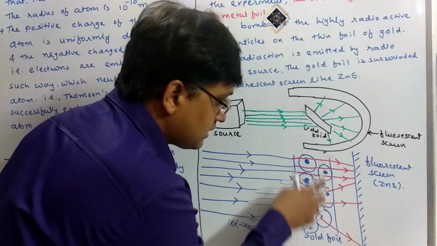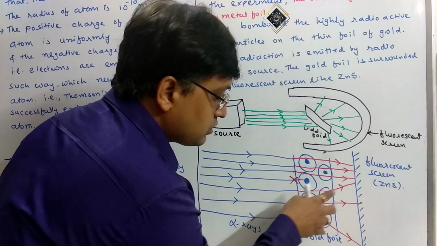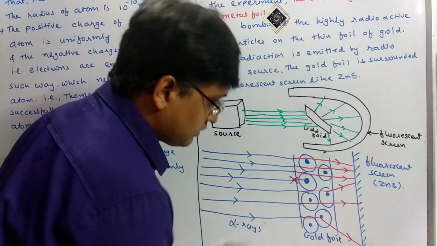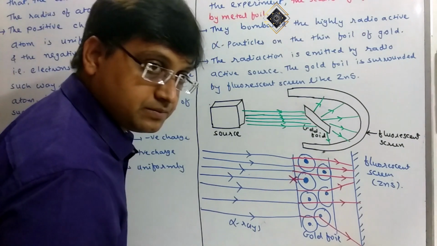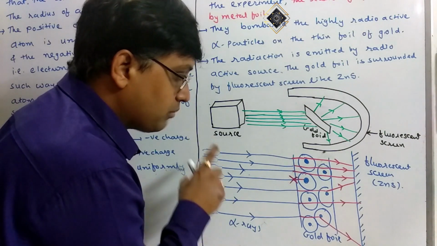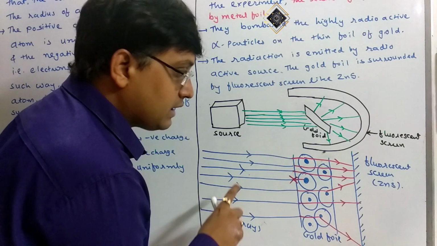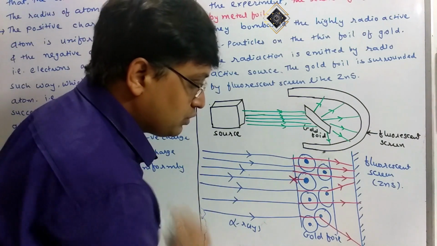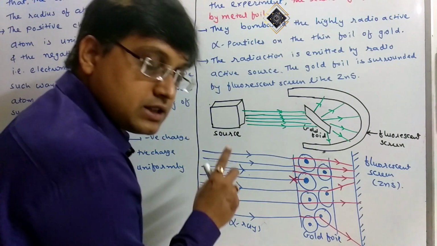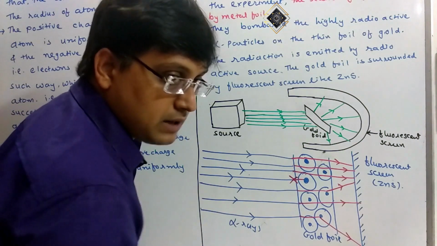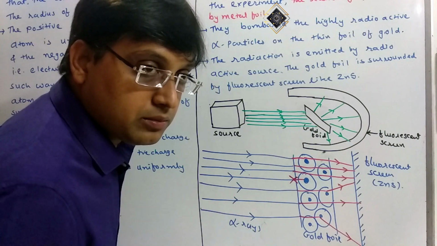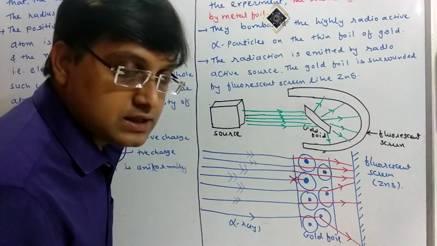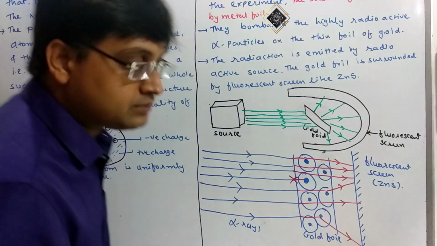Very few rays show little deflection, and out of this only one ray is bounced back. Clear? So these are the observations made by Rutherford and his students by performing the scattering of alpha particles by gold foil. Okay, what he concluded based on these observations, we will see in the next board work. Please write down.